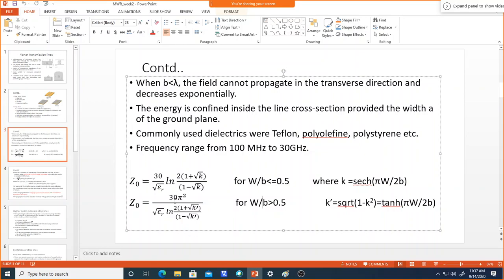Now how will this impedance vary with respect to different parameters, that is T by B ratio or W by B ratio.